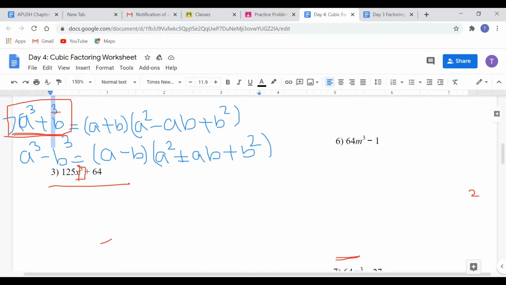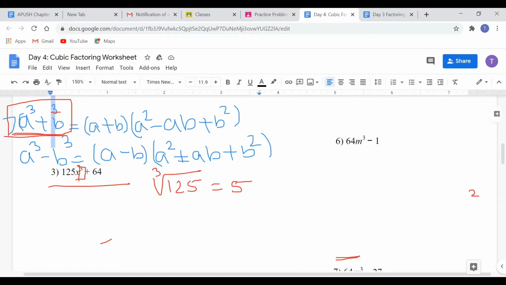You should know the common perfect cubes, like what happens if you multiply 3 3 times, 4 3 times, 5 3 times. So I know that 125 is a perfect cube because if I cube root 125, I get 5.